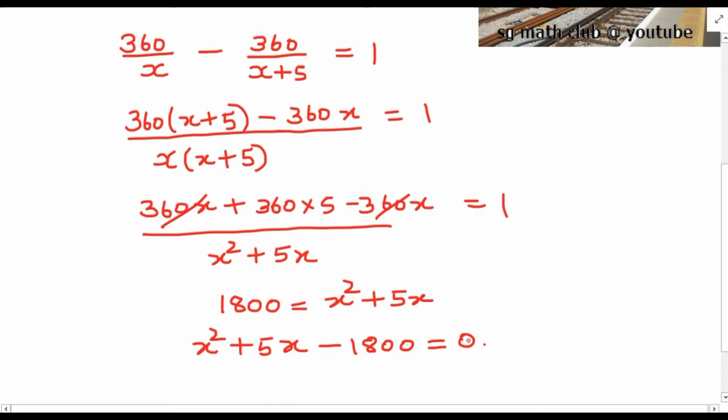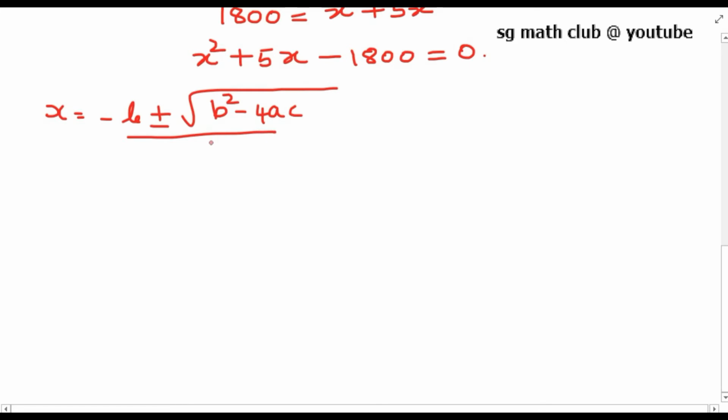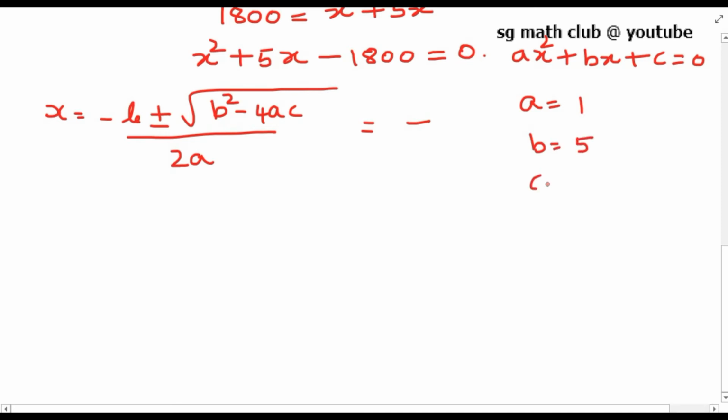Now we will use the formula and then we will solve the problem. So we know x is equal to minus b plus or minus square root of b square minus 4ac divided by 2a. This is in the form of ax square plus bx plus c equal to 0, where a is 1, b is 5 and c is minus 1800.